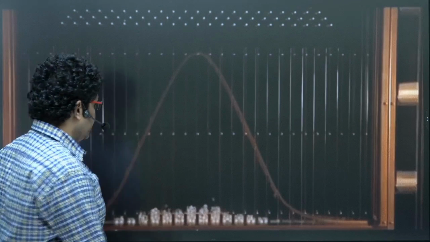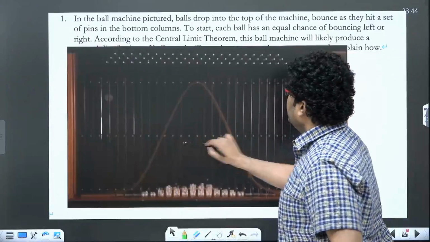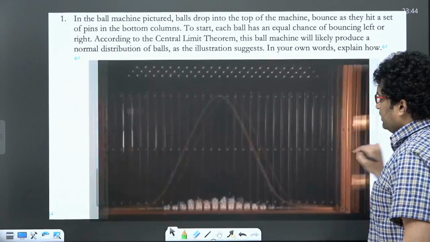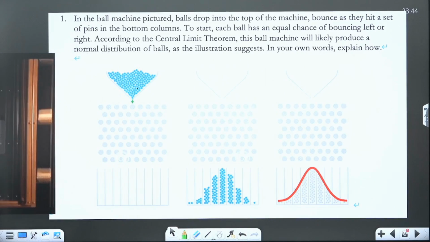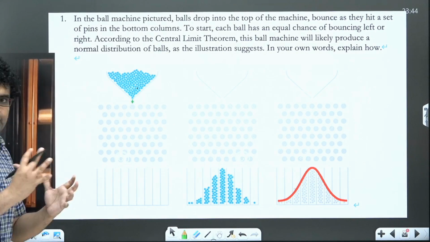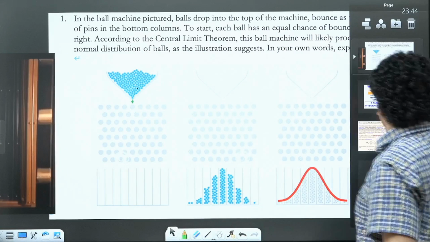So these kinds of things give you an idea of how you're supposed to interpret distributions, and when that distribution is not given, how you should be able to manage in the exam.